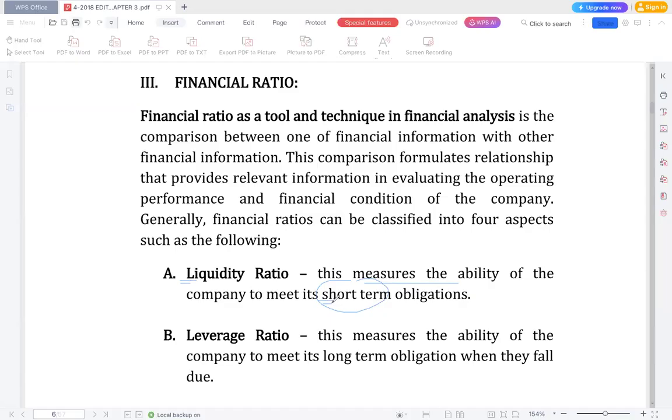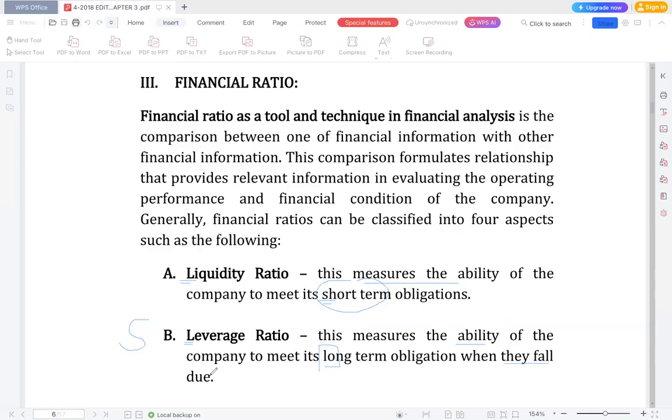Short-term. While leverage ratio, also known as solvency ratio, measures the ability of the company or the firm to meet its long-term obligation when they fall due.